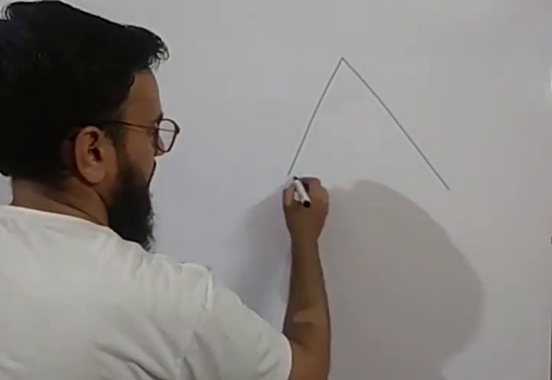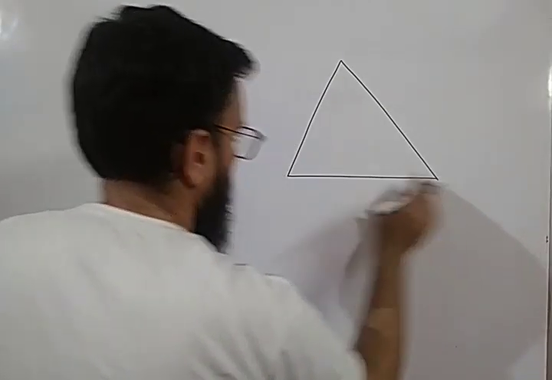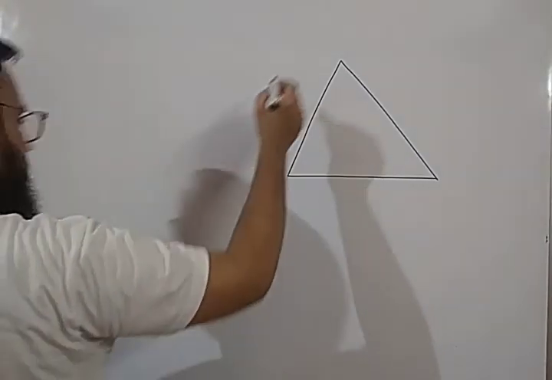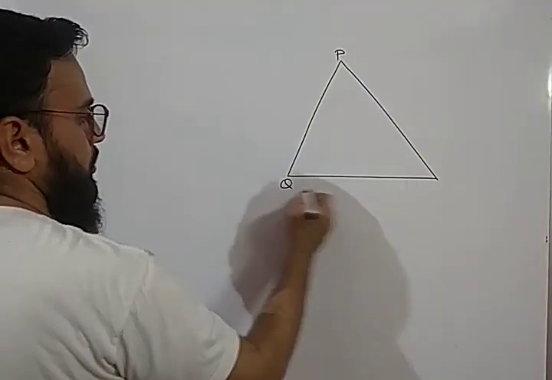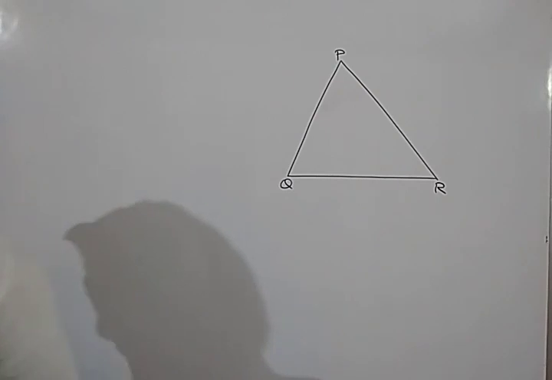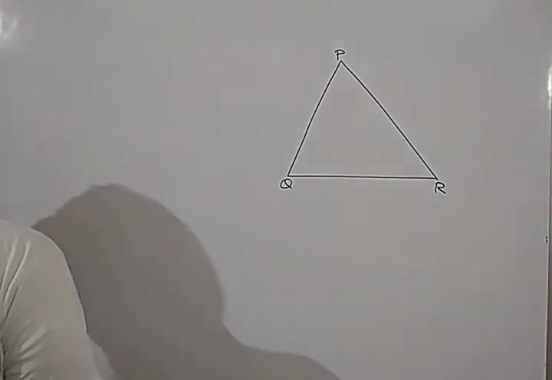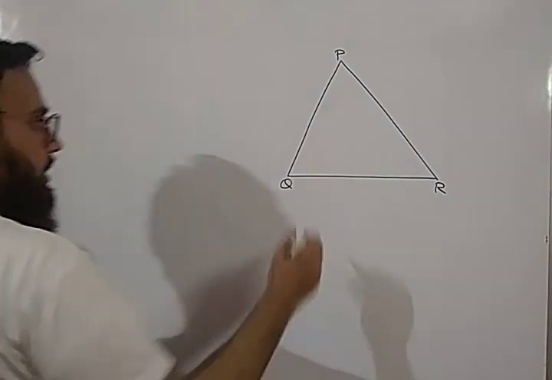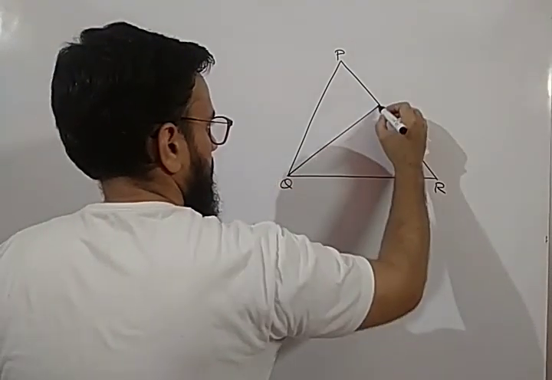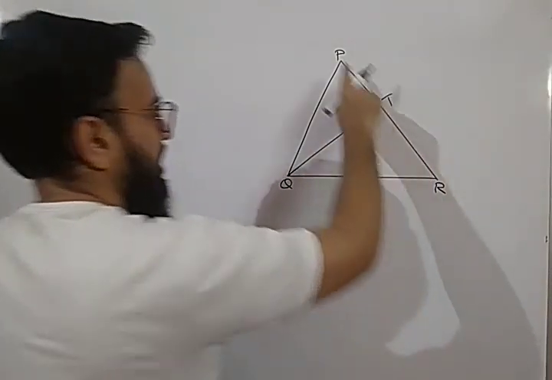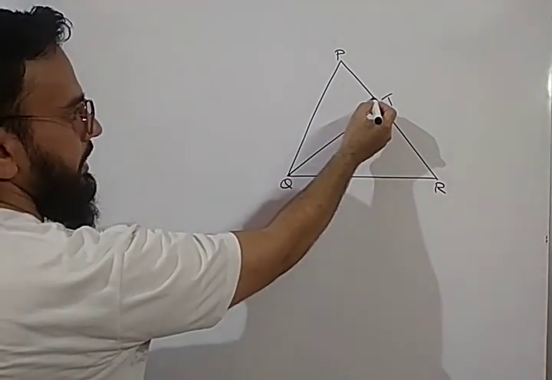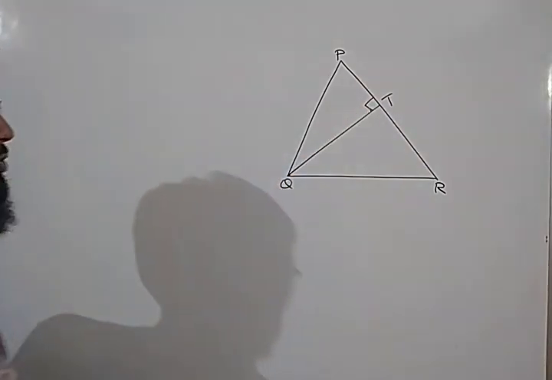Now this figure is given. We are given a triangle PQR, and this is QT, which is perpendicular to PR. This angle is 90. QT is perpendicular to PR, it is also given.